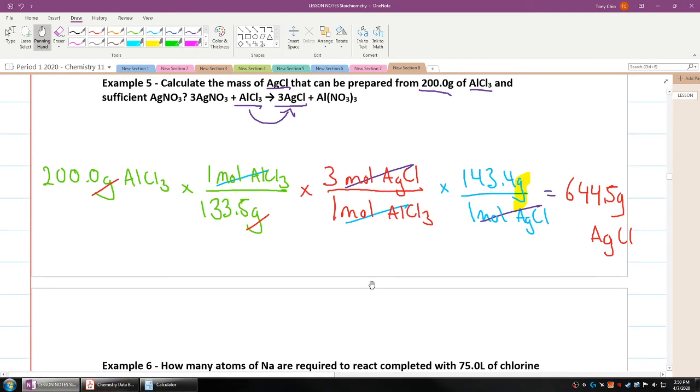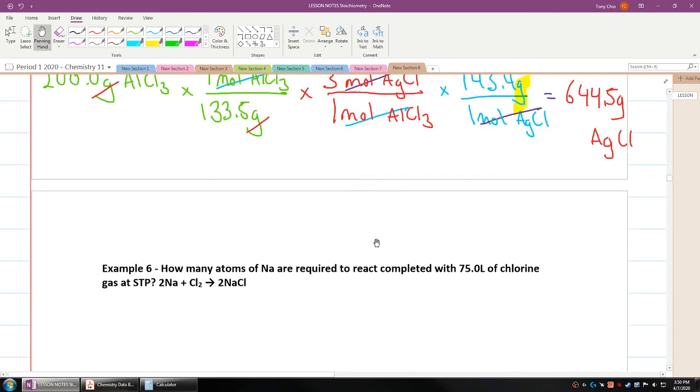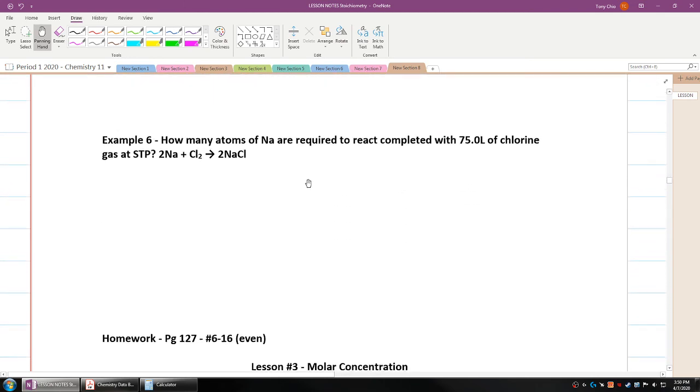So we'll finish up today's lesson on the last example, which is how many atoms of sodium are required to completely react 75 liters of chlorine gas at STP. So you're currently in this species, and you want to solve to that species, and we find atoms of sodium. So 75.0 liters of chlorine. How do we solve to moles of chlorine?